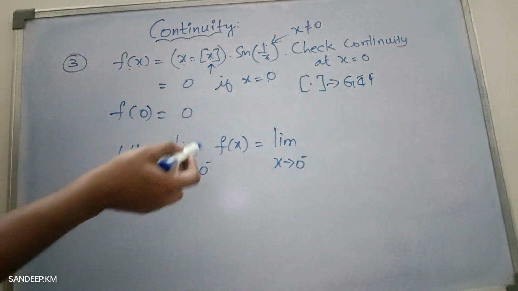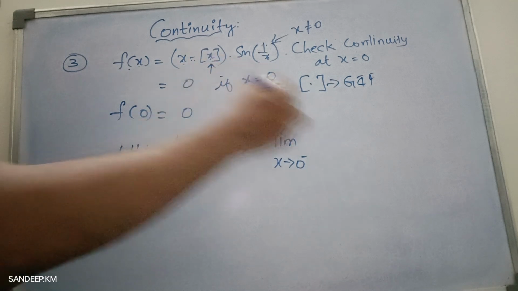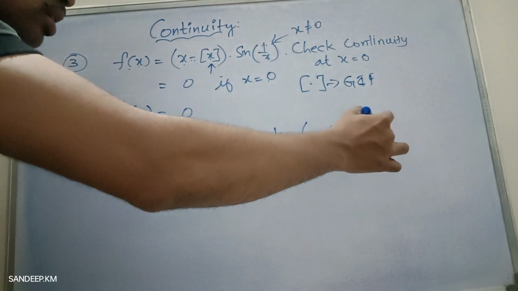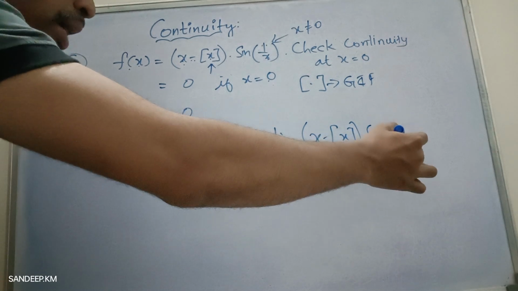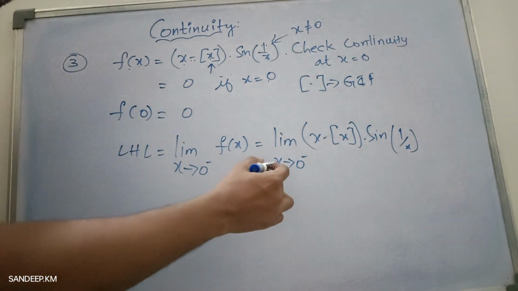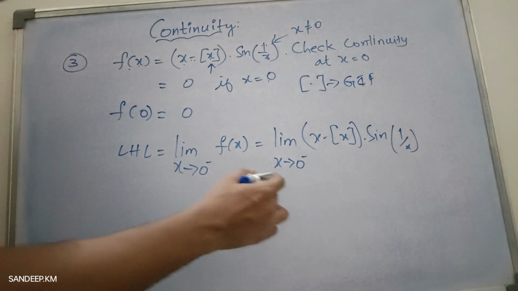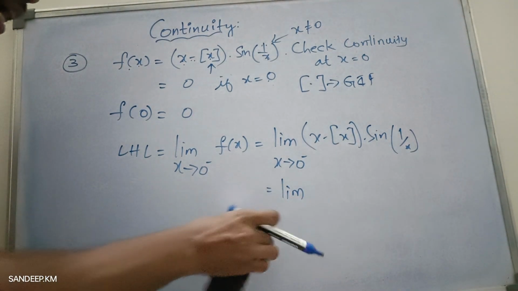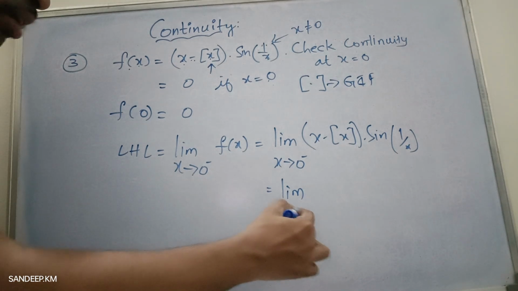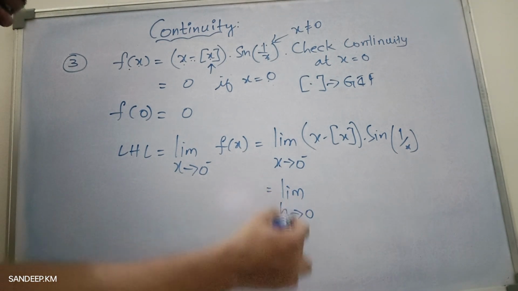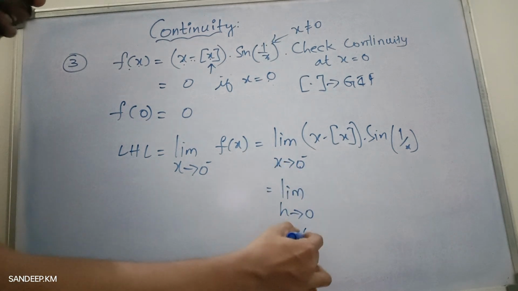Instead of converting into fractional part, let me use the function directly: x minus step x into sine of 1 by x. Dear students, when x is approaching 0 from the left side, I can convert it as h approaches 0, and instead of writing x, I will write 0 minus h.